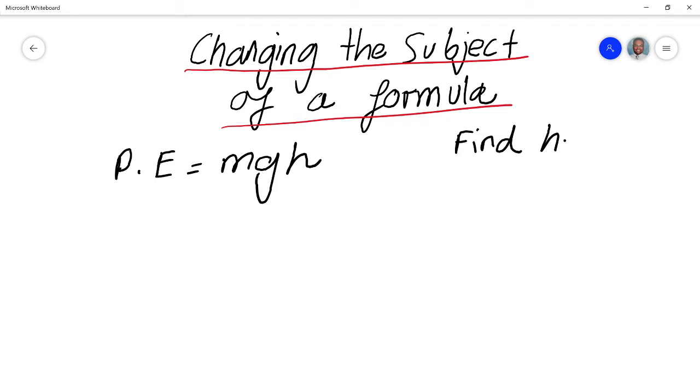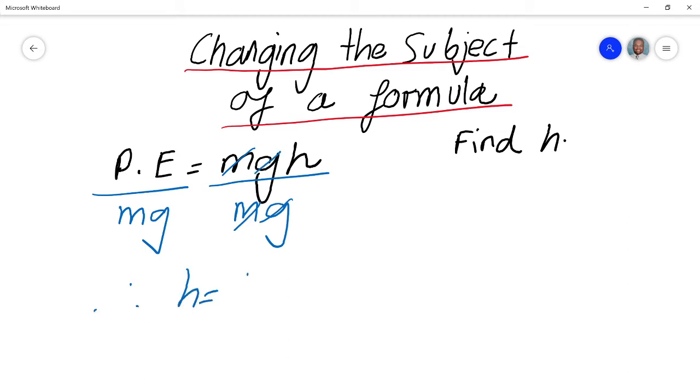Like I said, we divide by the variables that will give us h. So we divide by m and g. The m cancels out, g cancels out, so we get h. Therefore, h equals potential energy over mass times acceleration due to gravity. We've now made h the subject of the formula.